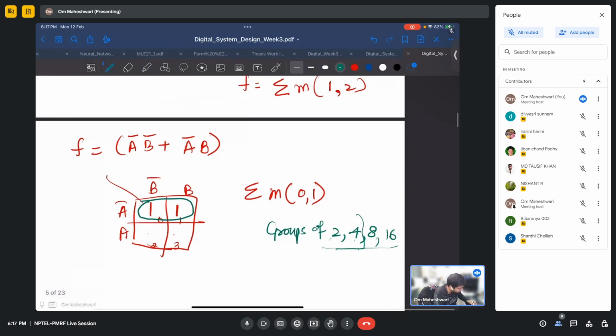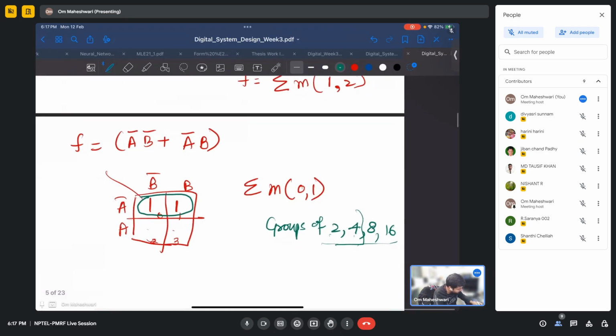This whole row is a bar. So this function can be reduced to just a bar. This is how you minimize. I hope this is clear. If anything is not clear, please unmute yourself and let me know at that instant only.